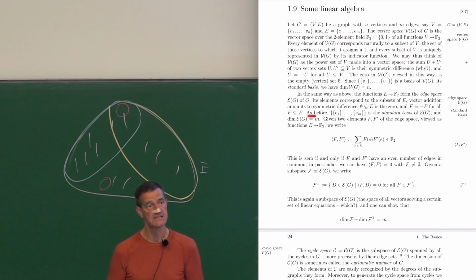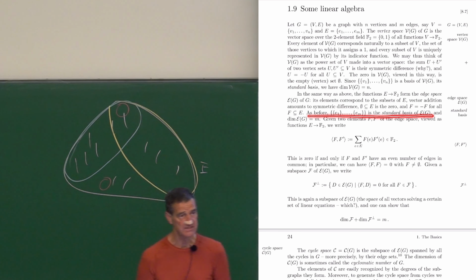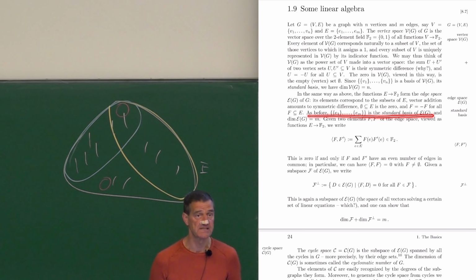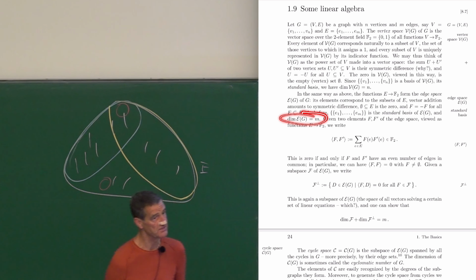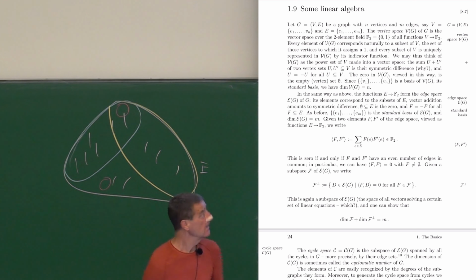And that then as edge sets are the singleton sets consisting of one edge each. And that is obviously a basis, so you can tell from that that the dimension of this edge space is the number of edges, which we usually denote by n. Okay.